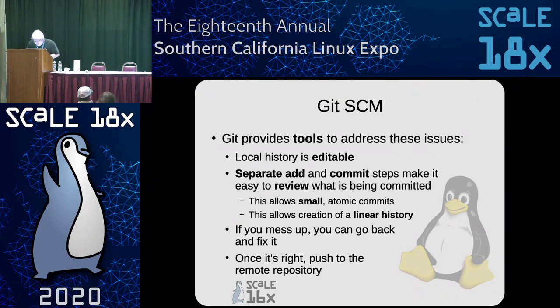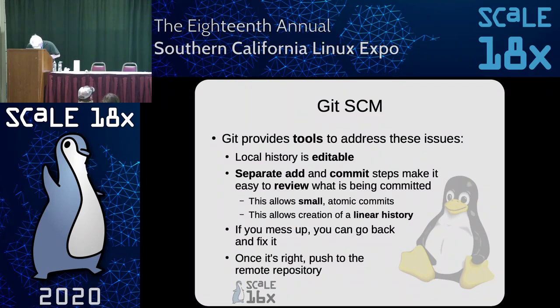So how does Git handle this? Well, in Git, we provide tools to address these issues. Local history is editable, which means once you commit something, it's not quite set in stone until you push it back to the remote repository. You can feel free to edit, fix things. And also, Git has a separate add and commit procedure.